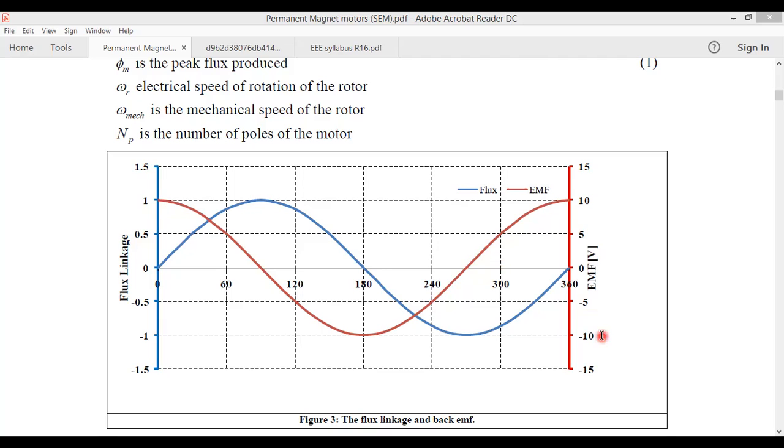So the voltage value at 1 milliweber of flux linkage should be 10 volts. With respect to that, the flux linkages and back EMF of a synchronous machine have been observed, showing the waveforms and how the back EMF relates to the flux.